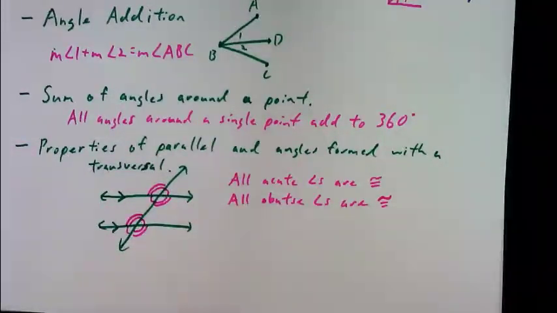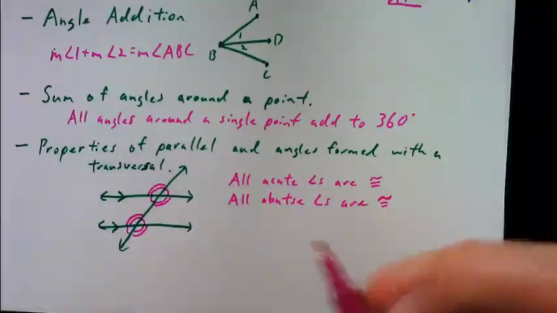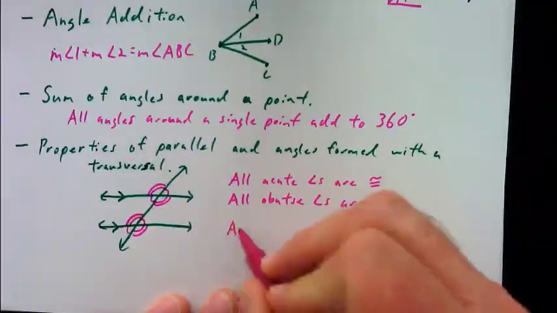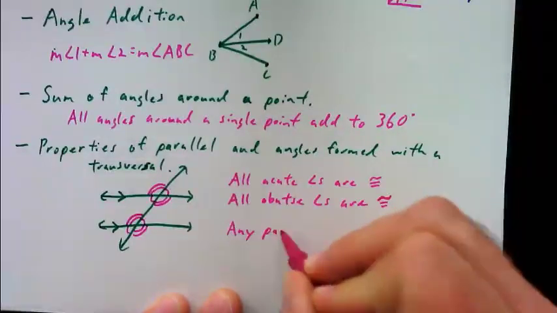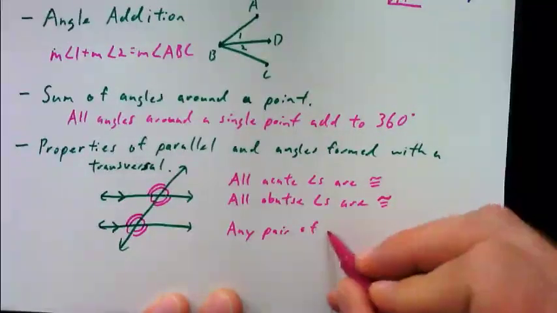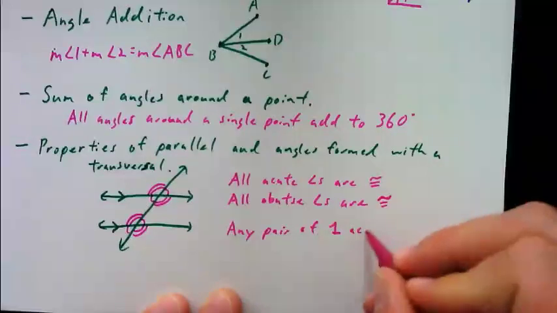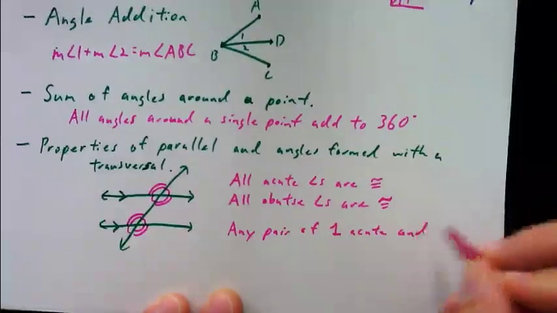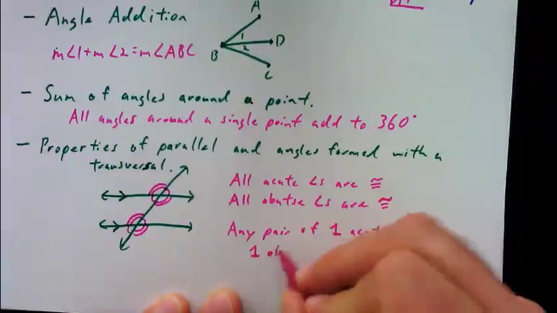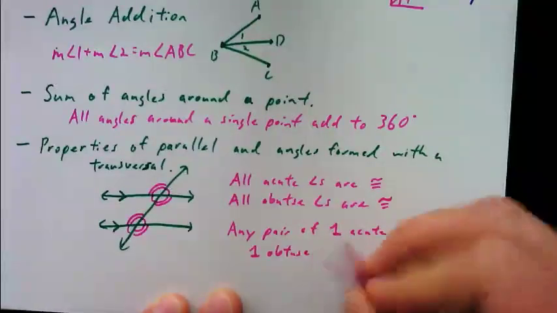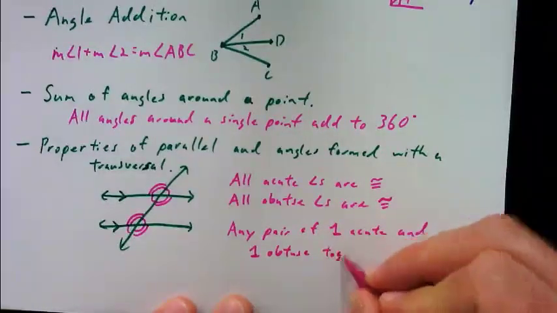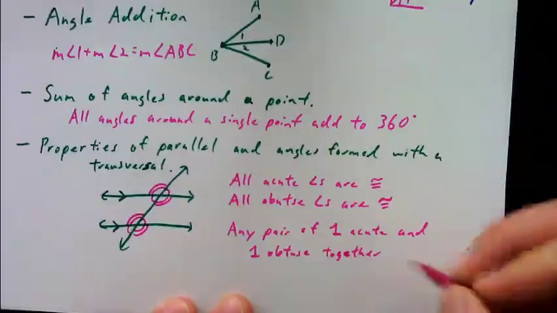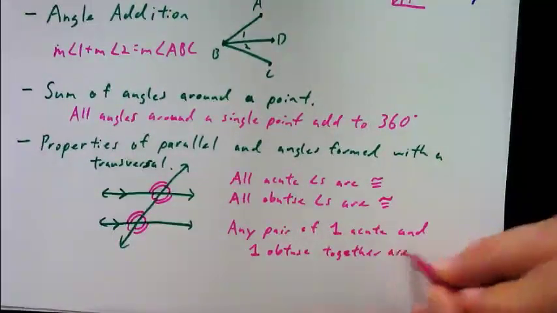All right. Now, what's true if you take any obtuse and acute angle together? So any pair of one acute and one obtuse together are what?